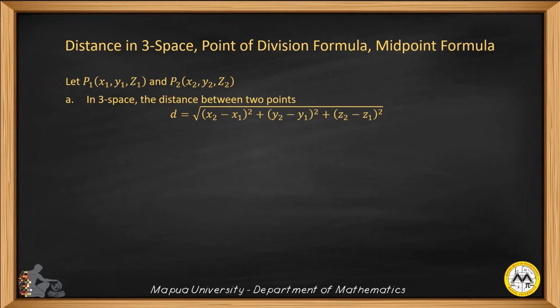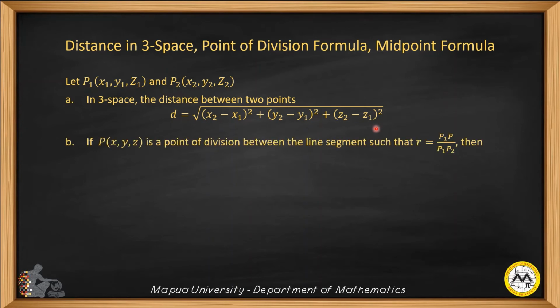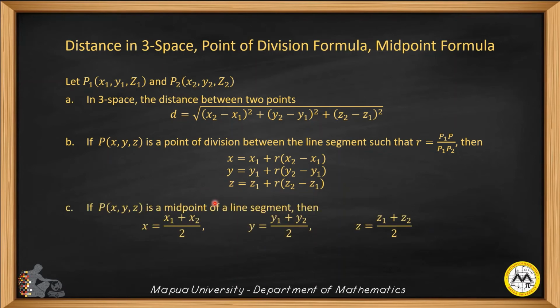The only difference is that there's an inclusion of a z component here. So for distance, we have this particular formula. In locating the point of division of a line segment in space, we have these relationships. Again, take note of the consideration for the z component. And then for the midpoint, very similar to what we had in plane geometry, it's just that, again, we have a z component given here.